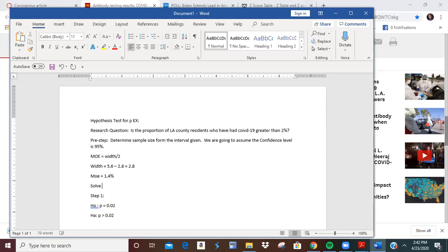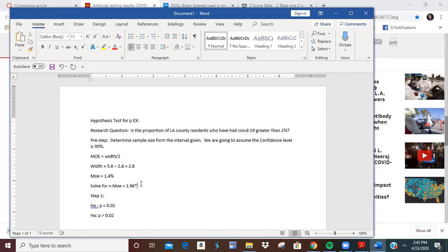So I've got to solve for n. Margin of error is equal to 1.96 times the square root. Oh, so this is going to be just like what we did.